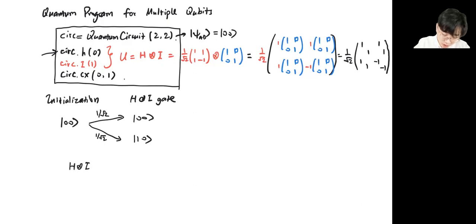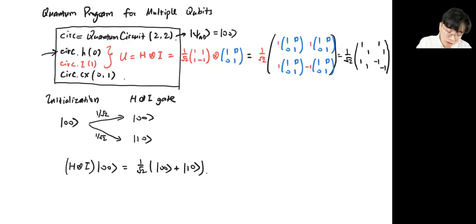H tensor I on input state 0, 0 will produce 1 over root 2, 0, 0 plus 1, 0. Now the final line of the quantum circuit is a CX gate applied on both of the qubits. This is a conditional gate, or sometimes called controlled gate.